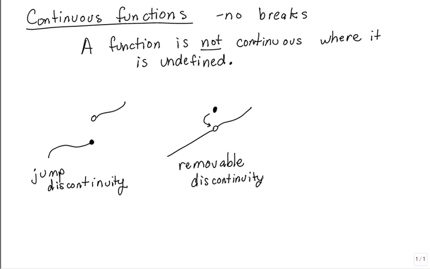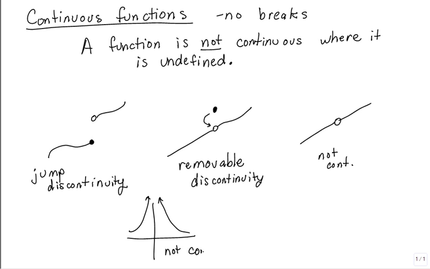But you see, it's defined at the point, it's just not where it should be because it breaks. And something like this could happen, that's discontinuous. And if we go off to infinity, that breaks. That's not continuous. And likewise, something like that's not continuous because we lift our pencil off the paper.